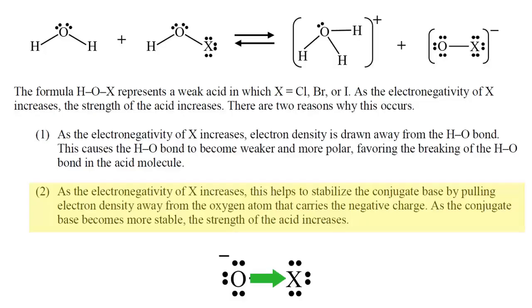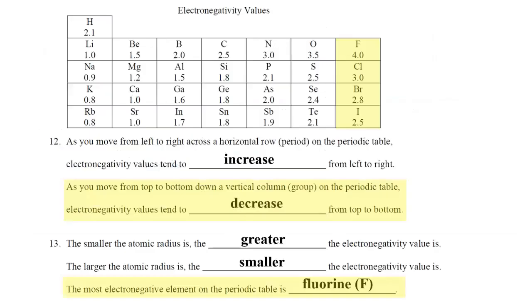So the correct answer to question 2 is going to be related to how electronegativity of that atom helps to stabilize the conjugate base. But now we have to consider which atom, chlorine or iodine, is more electronegative. Now on this slide, which comes from my video in Unit 1, this is for periodic trends, I had mentioned that as you move from top to bottom, the general trend in electronegativity is that electronegativity values tend to decrease from top to bottom as you move down a vertical column or a group on the periodic table.